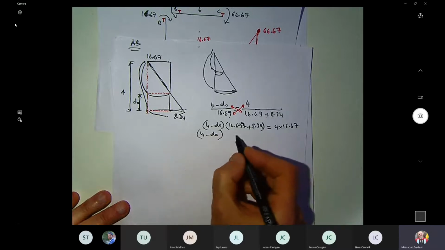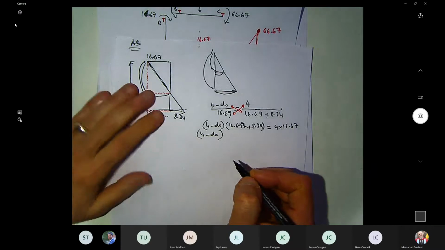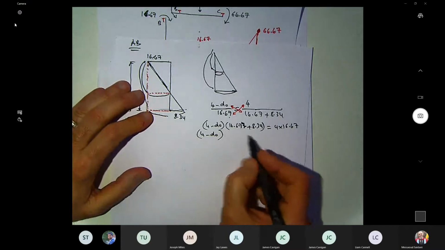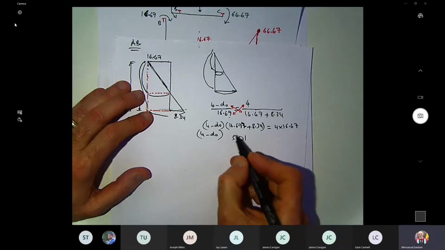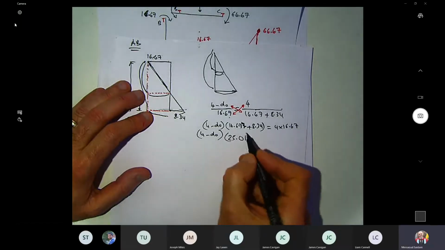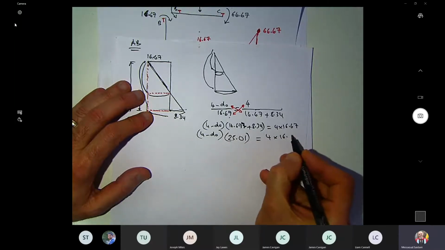What's 16.67 plus 8.34? And 4 times 16.67.